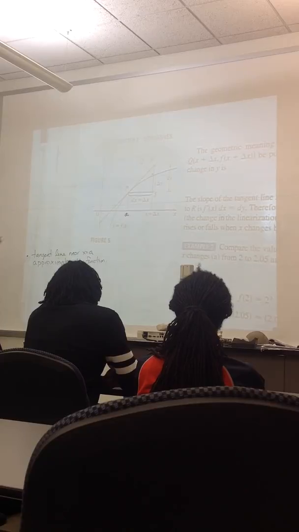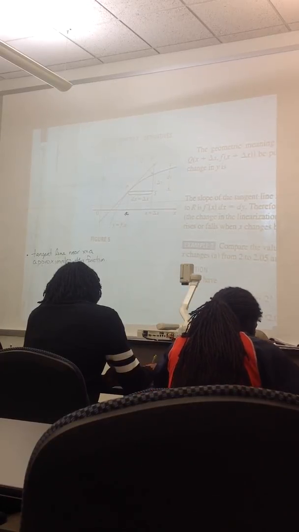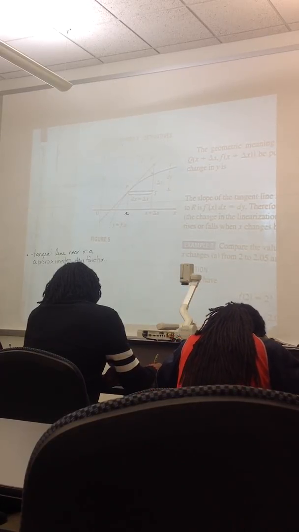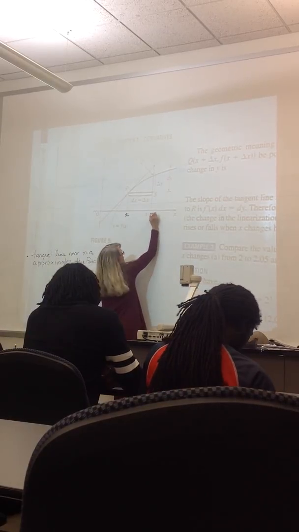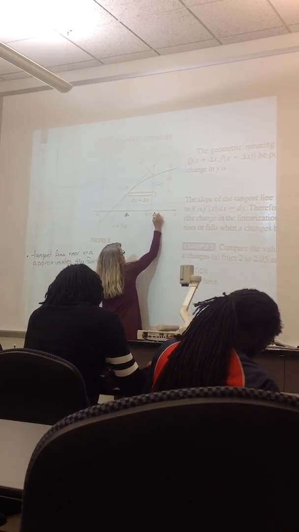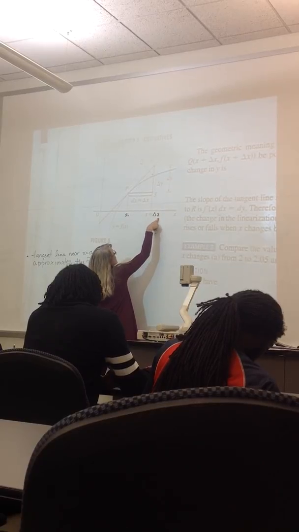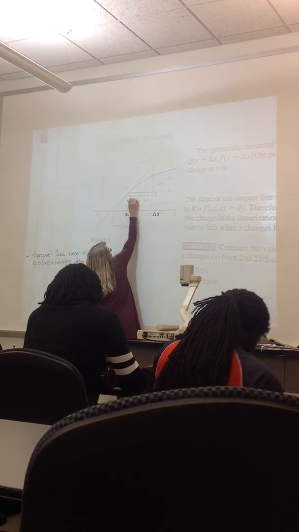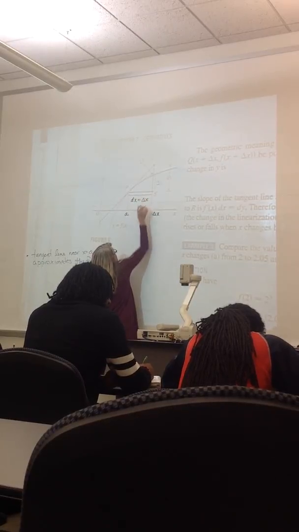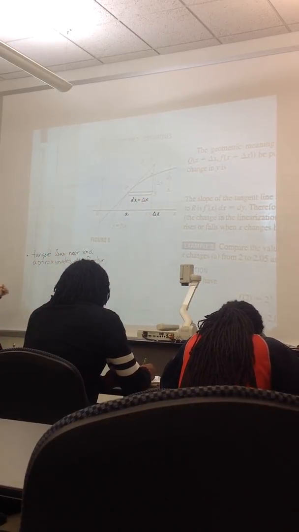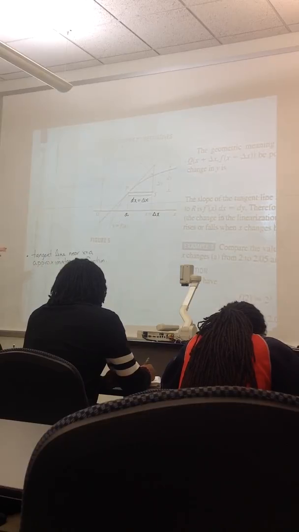In terms of some definitions, if I change my x value a little bit, the amount that I change it, we could denote by delta x. And in terms of our derivative notation, dx is equivalent to delta x. So what do we mean by that?